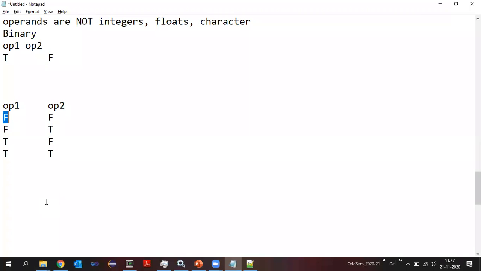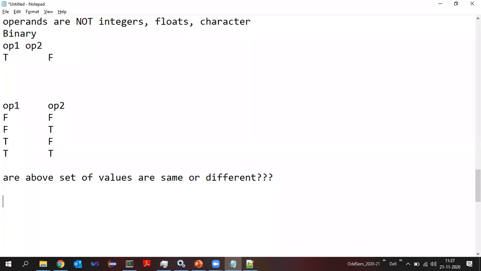If you look here, operand 1, FF, TT, that is false, false, true, true. Then the next is FT, false, true, false, true. Are all these 4 sets of values the same or different?